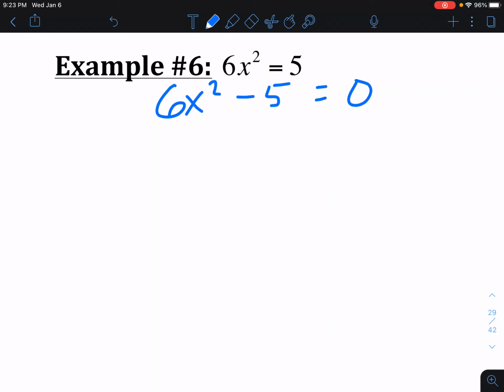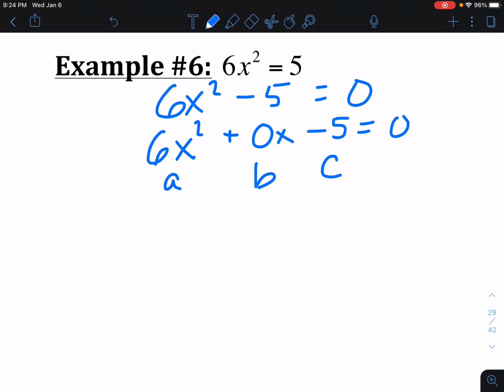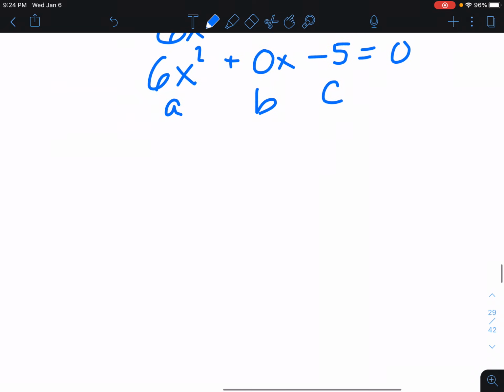Well, remember the A is always in front of the x squared term, so the 6 is the A. The B is always the x term. That's not showing here, so the B is actually 0. The C is always the constant, the one that does not have the variable. So the C here is negative 5.